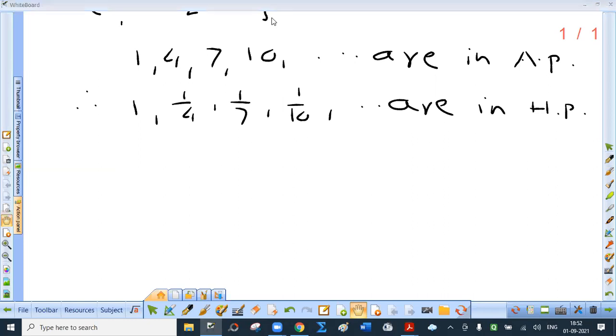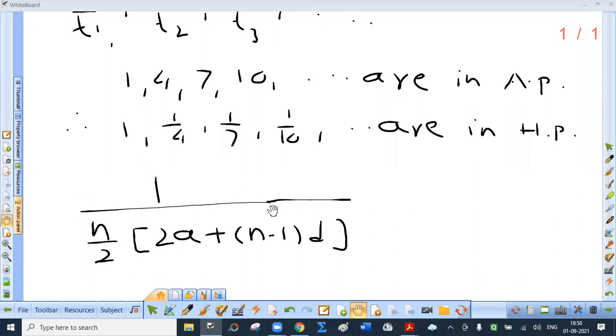I hope you got my question. Can you tell me the formula to find the sum of the first n terms of harmonic progression? Yes, anybody? See, some students are saying that this is the formula. No.